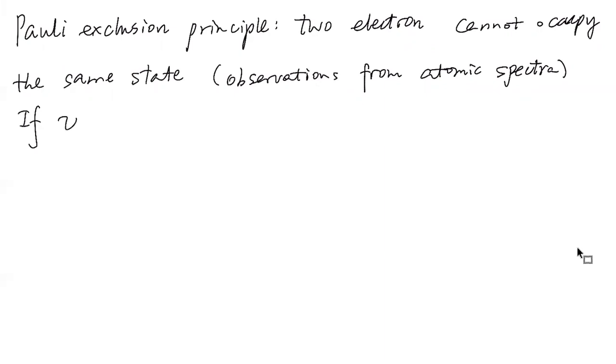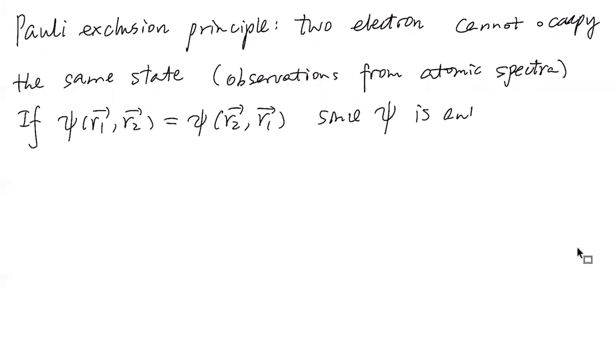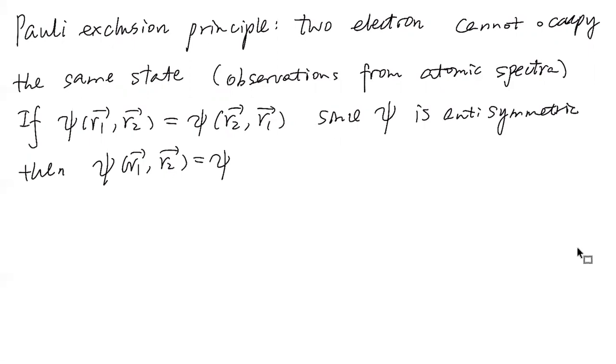So if psi R1, R2 is equal to psi R2, R1, since psi for the electron is antisymmetric, then that means psi R1, R2 is equal to psi R2, R1 is equal to 0, right?